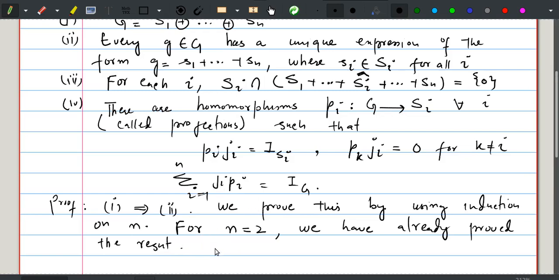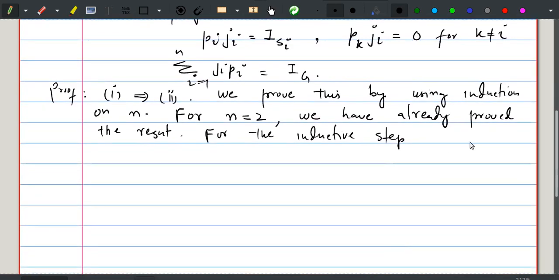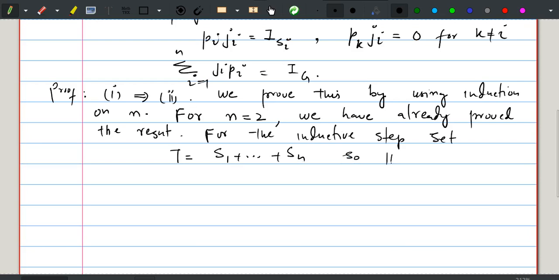For the inductive step, set T equal to S1 plus so on plus Sn, so that G is equal to T plus Sn plus 1.